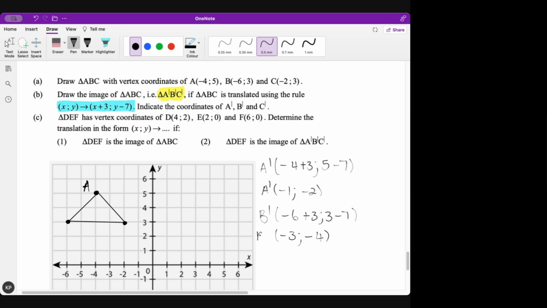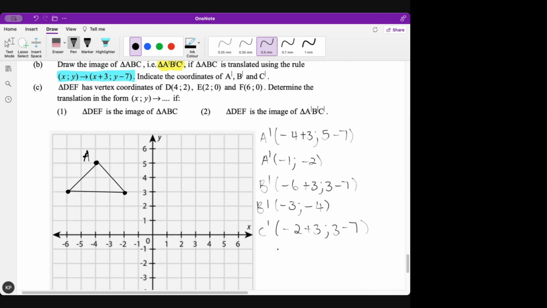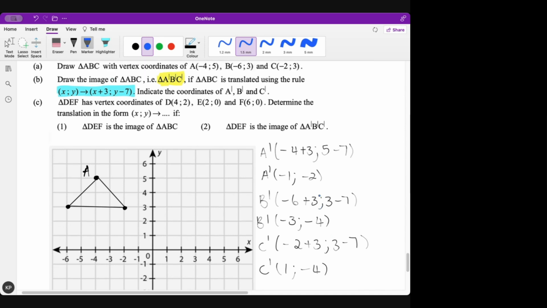So that's B prime. And the last coordinate, C prime, will be -2 plus 3 and 3 minus 7 again. -2 plus 3 is 1. 3 minus 7, we've established, is -4. So let us draw A prime, B prime, C prime, now that we have it.